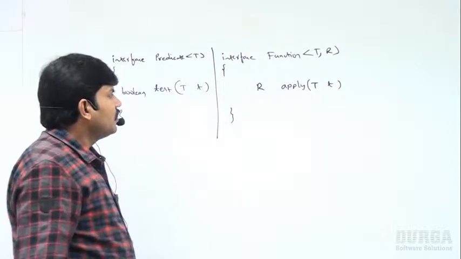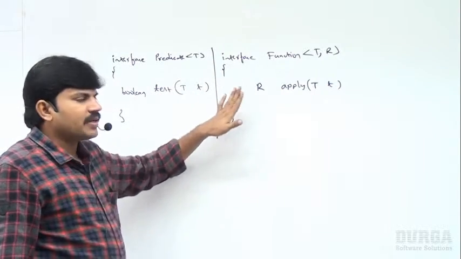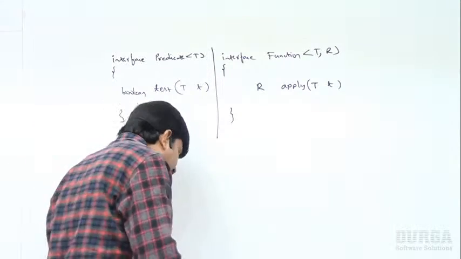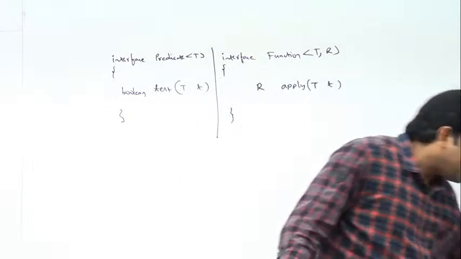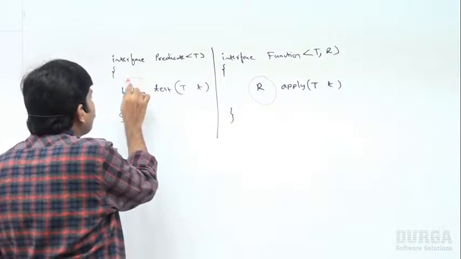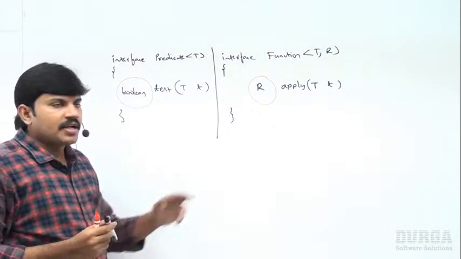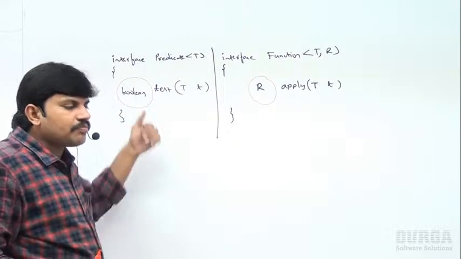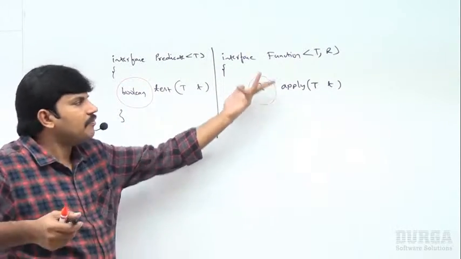Observe that. Whether it is predicate or function, it has to return some value, mandatory. If it's Boolean type, it is predicate; if any type, it is function.